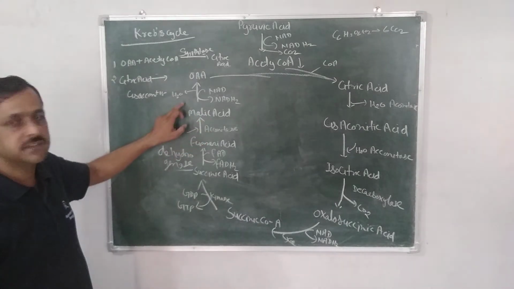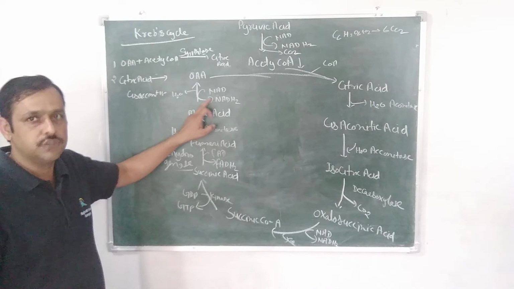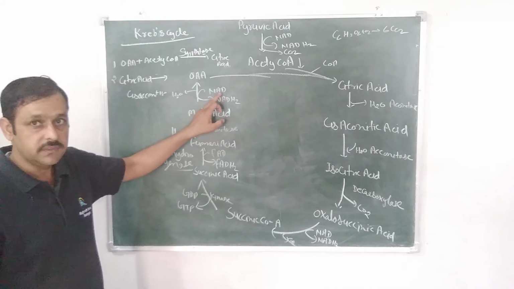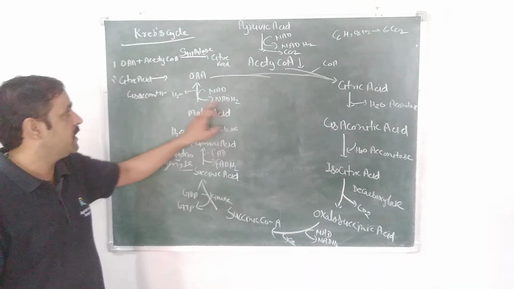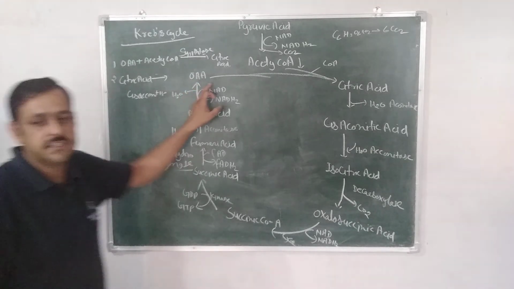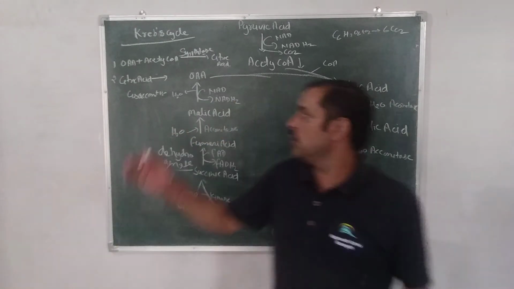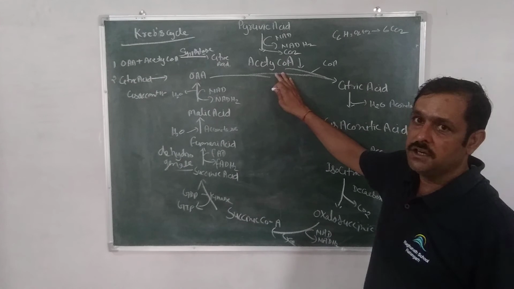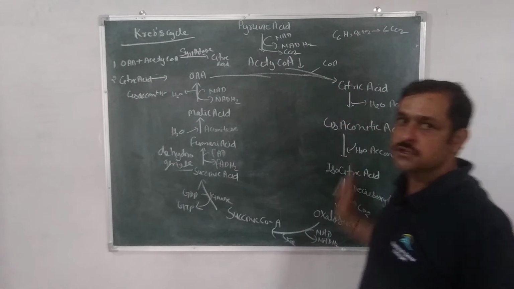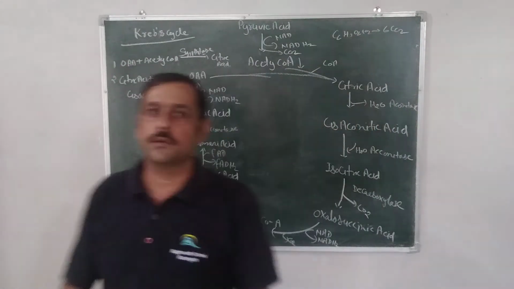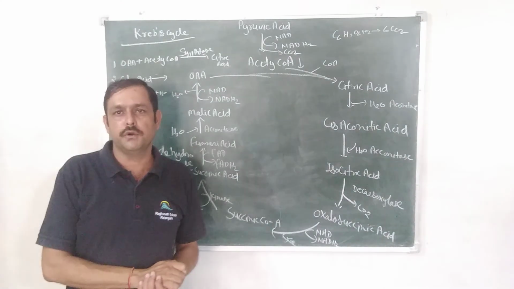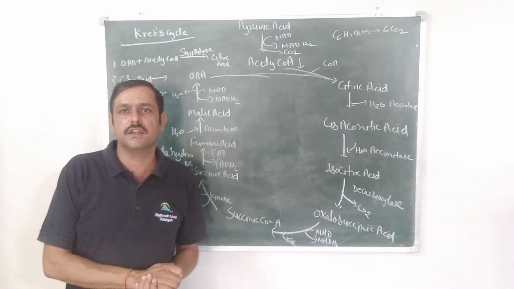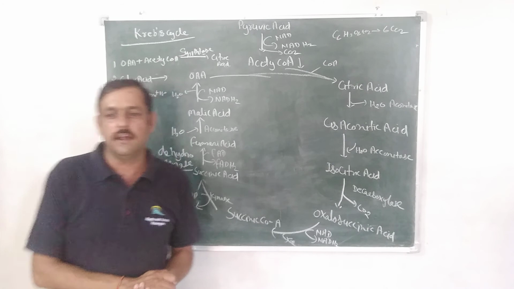Malic acid releases H2O, and in the presence of dehydrogenase enzyme, NAD converts into NADH2 and it makes oxaloacetic acid. So again oxaloacetic acid combines with acetyl coenzyme A and makes citric acid. So this cycle continuously proceeds in the mitochondria, or we can say in the cristae of mitochondria.